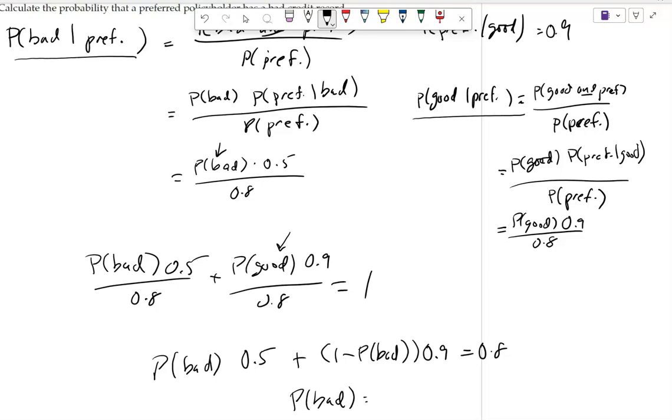What do we get? I've got 0.4 probability of bad, and I would have to subtract over and get 0.2. We get a half? If I did my arithmetic right.